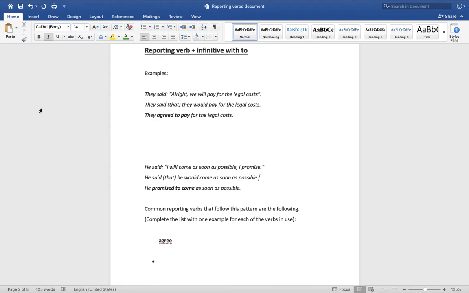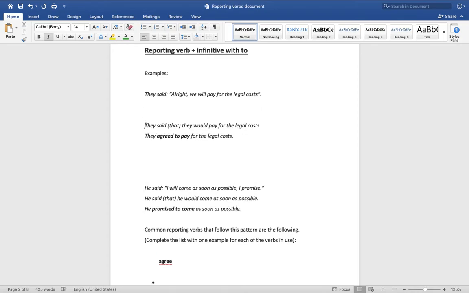Es decir, imaginaos que tenéis que transformar, ¿vale? Me subo aquí arriba otra vez, tenéis que transformar esta oración de estilo directo a indirecto usando un reporting verb que no sea ni say ni tell, ¿vale? ¿Cómo sabéis vosotros si lo hacéis con say, lo hacéis con tell, lo hacéis con promise o con threaten o el verbo que sea? Pues en las actividades que subiré más adelante, ¿vale?